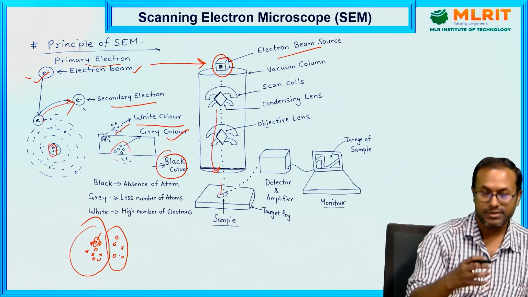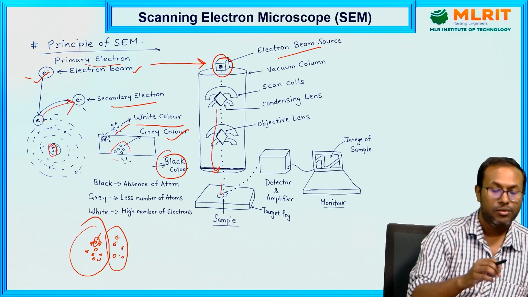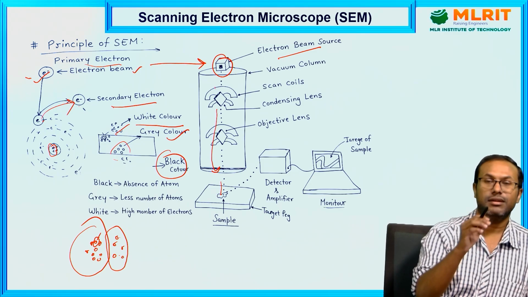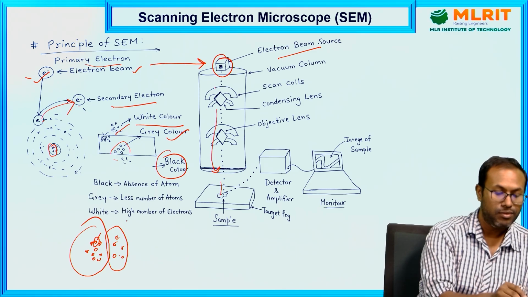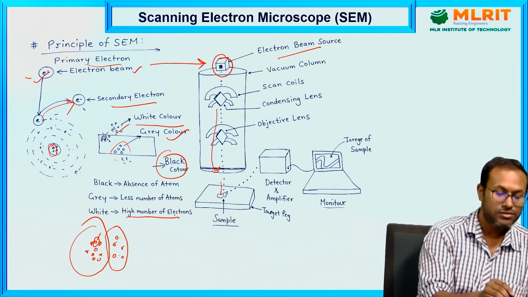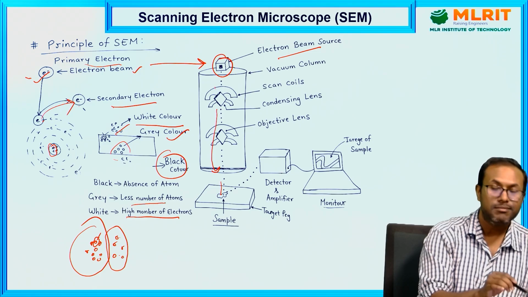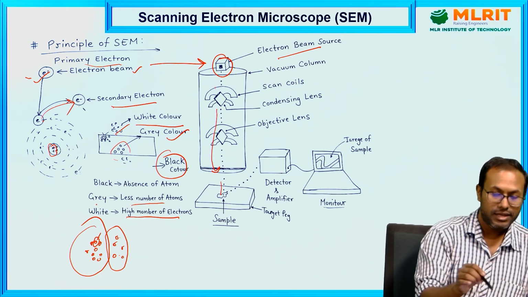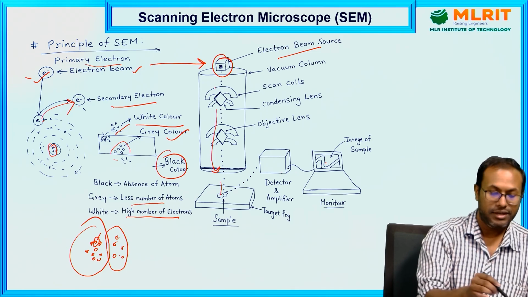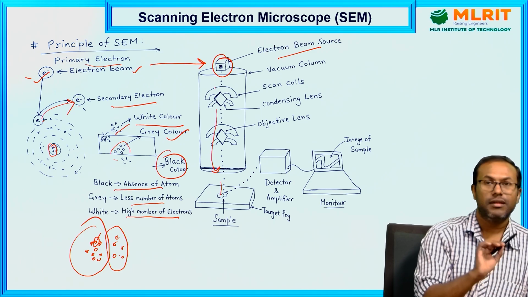If more secondary electrons are detected, that will give white colors in the image, because a high number of atoms is present there. In some regions, fewer atoms give a gray color in the image. In some places where there are no atoms at all, that will give a black color in the image.